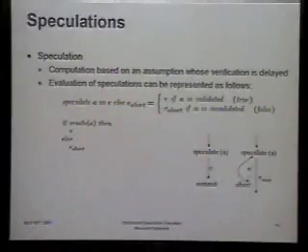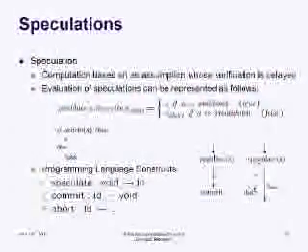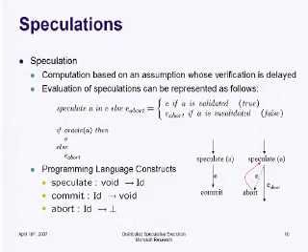So as far as we're concerned, the commit branch is sort of an atomic operation, and if the assumption is invalidated, then we have to abort the effects of those operations. We introduce speculation through three programming language constructs.